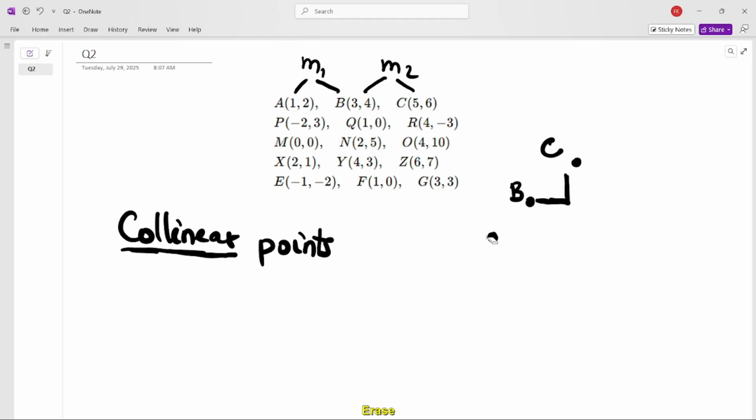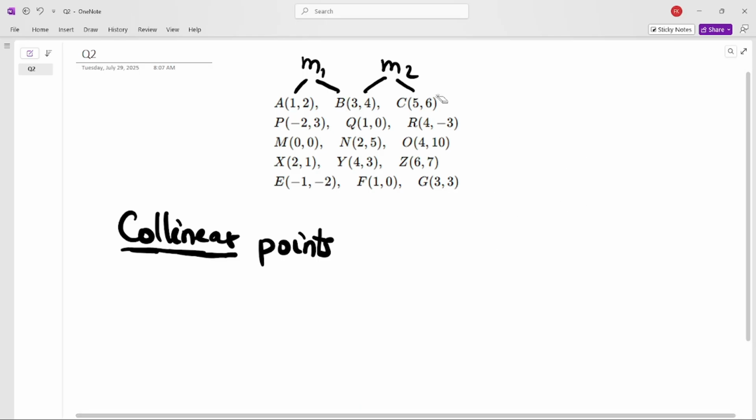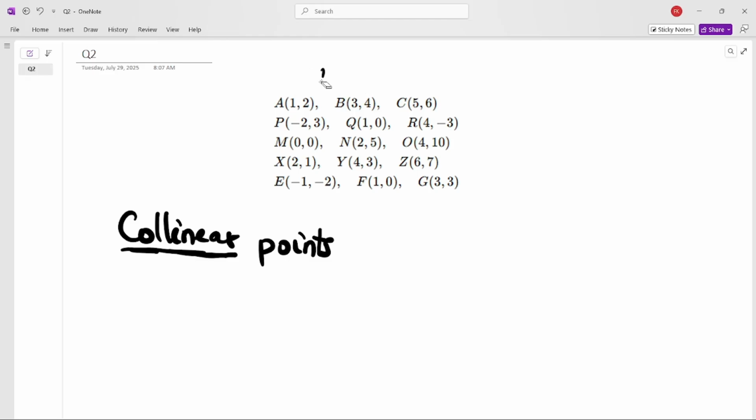So I'm going to try the first one. We have A, B and C. I'll take A and B first. So the gradient MAB will be 4 minus 2 all over 3 minus 1. That will give me 2 over 2, which is 1.